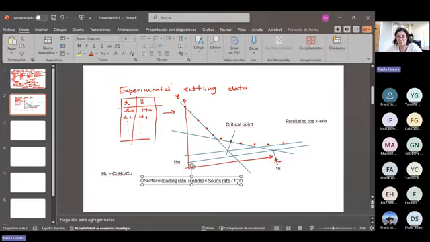We're going to call this parameter G T. And this is going to be in units of kilograms of solids over area over time.